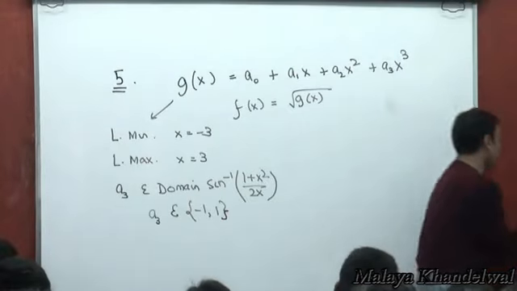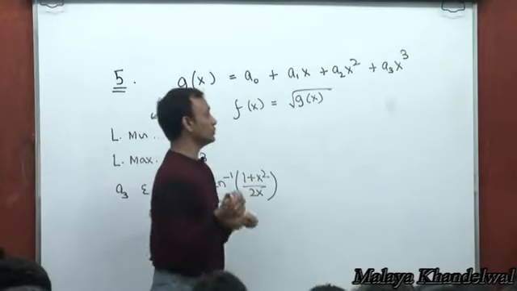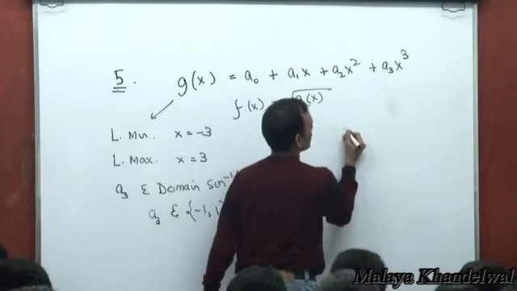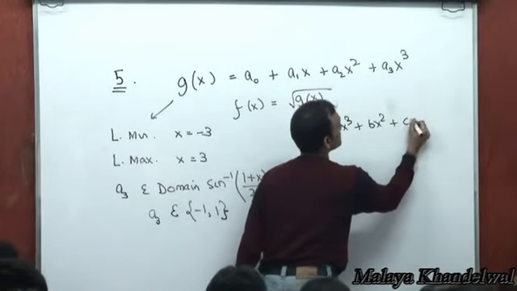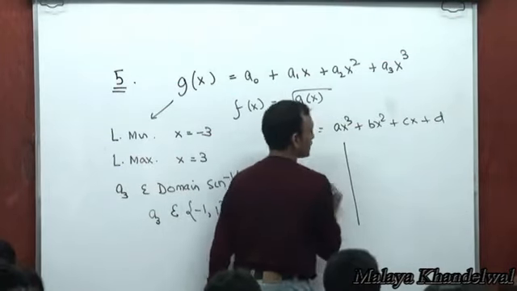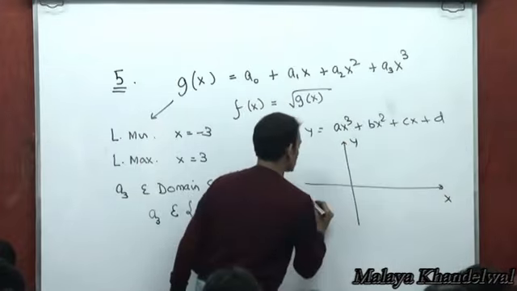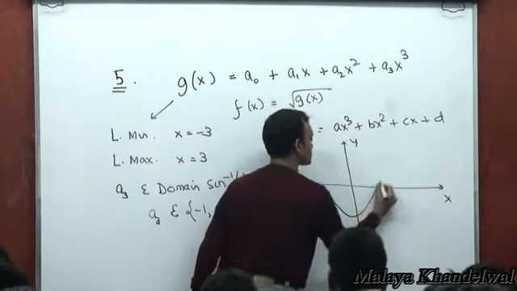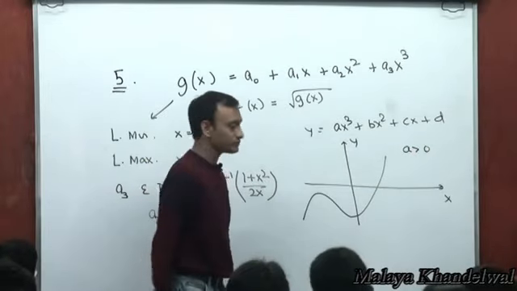Now go back to cubic days, where I told you, see, typically the graph of a cubic, ax cubed plus bx squared plus cx plus d. If a was positive, the graph of this cubic was like this, right? For a positive, this was the graph.